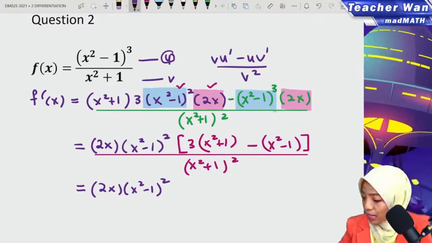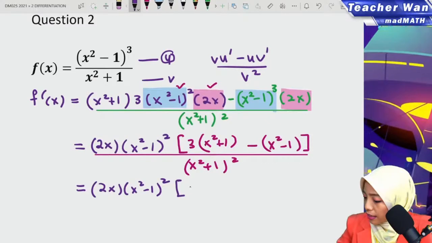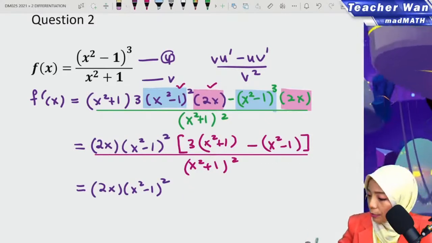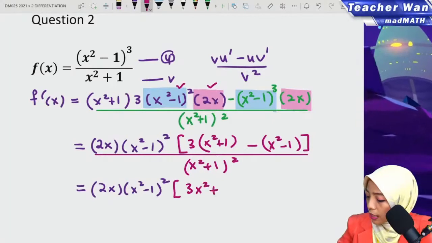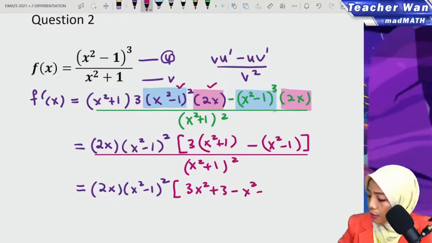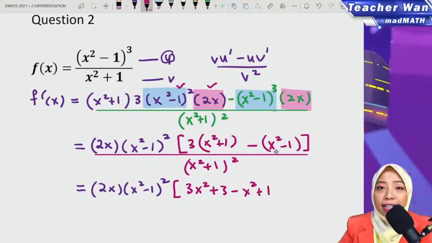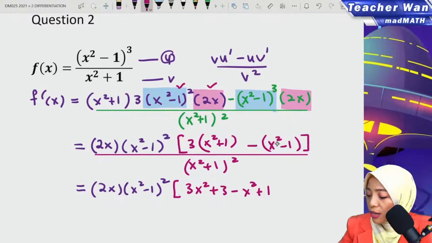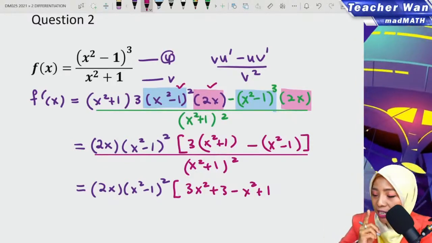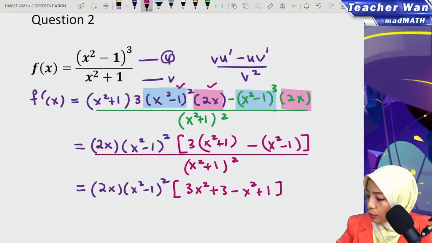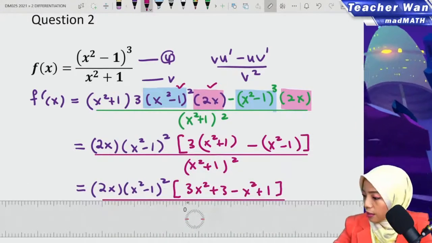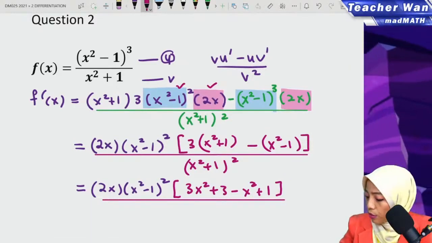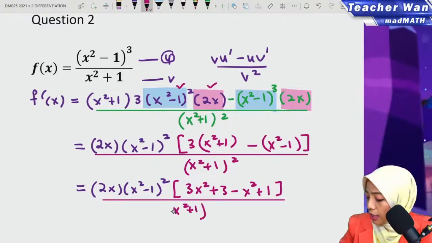So 3x square, we 3, how about I take the pink color as I did earlier. 3x square plus 3 minus x square plus 1. Don't forget the bracket. Negative x square, negative becoming positive. Over with x square plus 1 square.